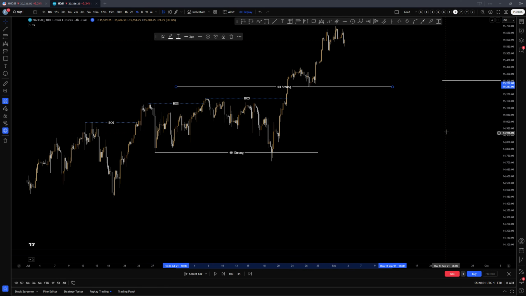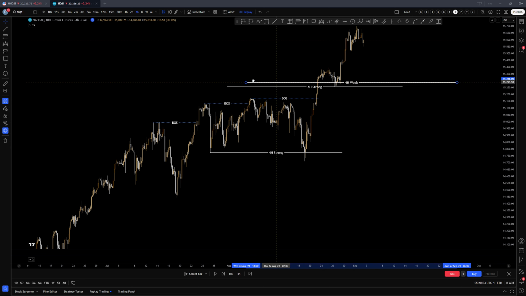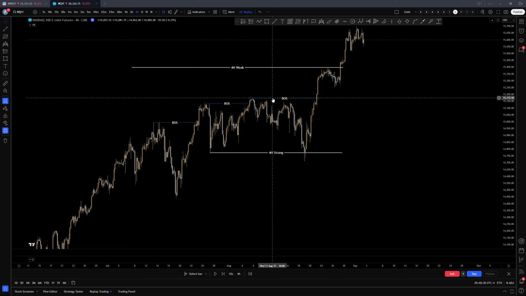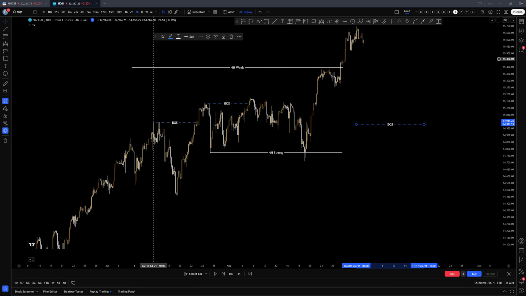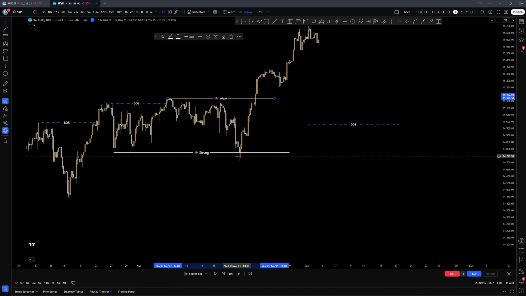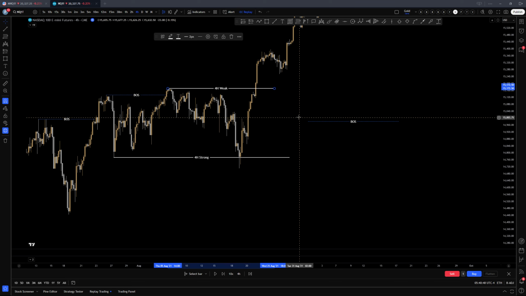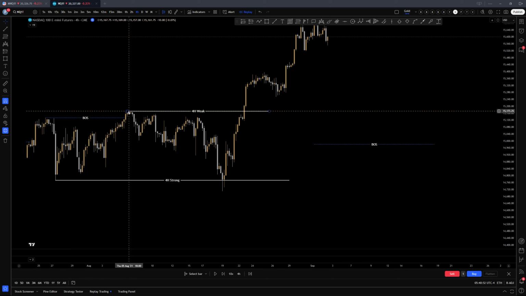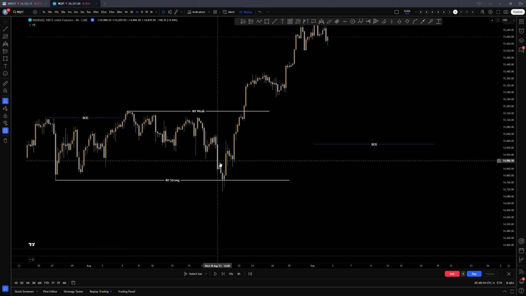I'm sorry, I grabbed the wrong one. Let me just delete that one. So this high, before it gets the breaker structure, we're expecting that because it failed to do its job and price has been rejected heavily here and it started to turn around, let me just zoom a little bit more. Price has started to turn around. We're expecting this structure then, as it's failed to do its job, to be weak.